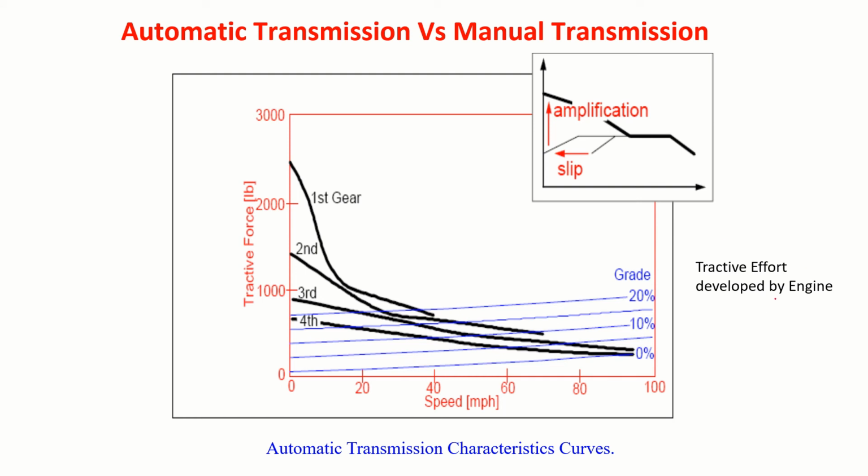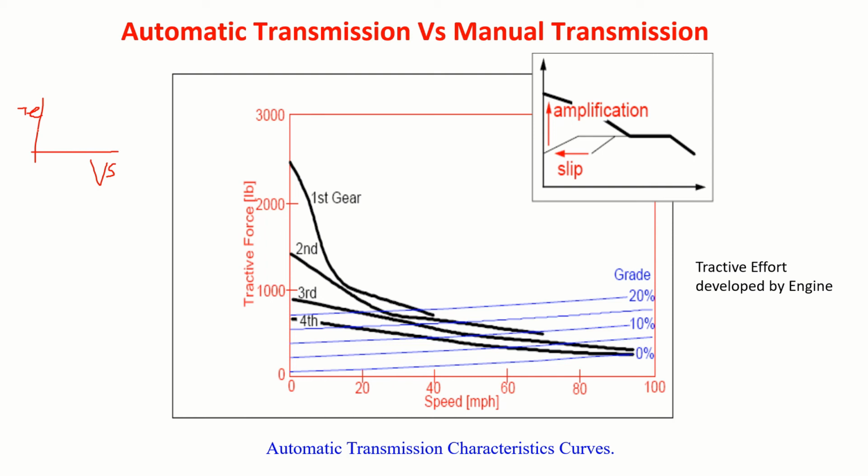Now let us look at the difference between automatic transmission and manual transmission systems. There are two things here. One is tractive effort versus vehicle speed.